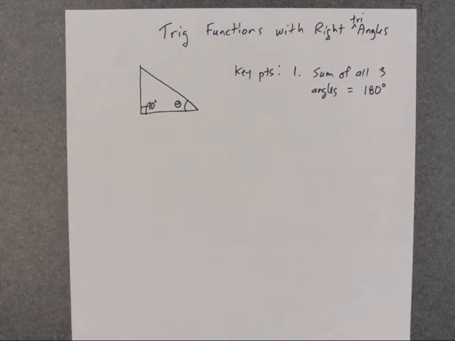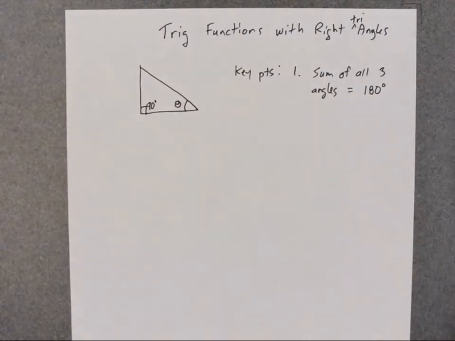As a matter of fact, in this whole talk, we're going to be working with angles in degrees for right now. But anyways, the three angles of any triangle have to equal 180 degrees.